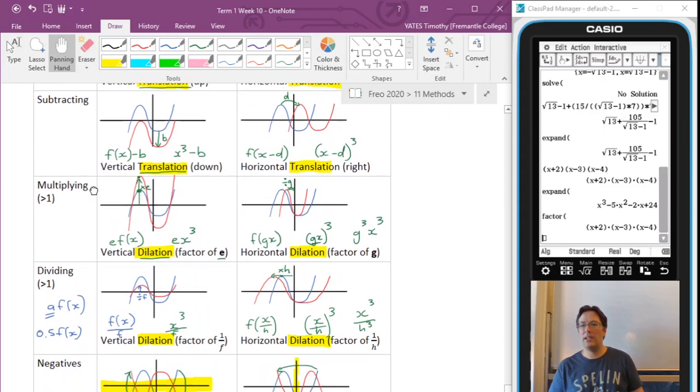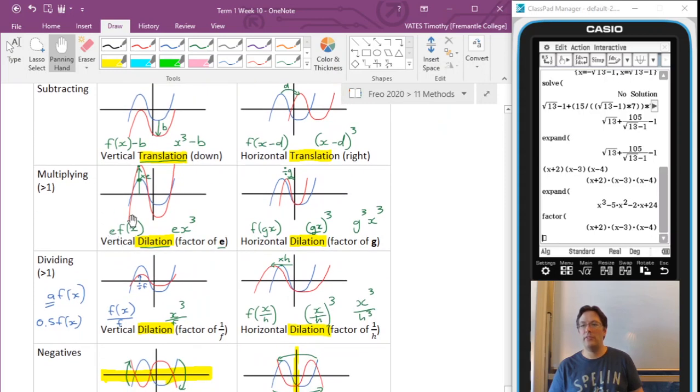When we multiply outside the brackets, we do a vertical dilation. If it's a number greater than 1, then it gets bigger. If it's a number less than 1, it gets smaller or flatter. Inside the brackets, it's a bit contradictory: it gets more squashed in when we multiply, and more stretched out when we divide.